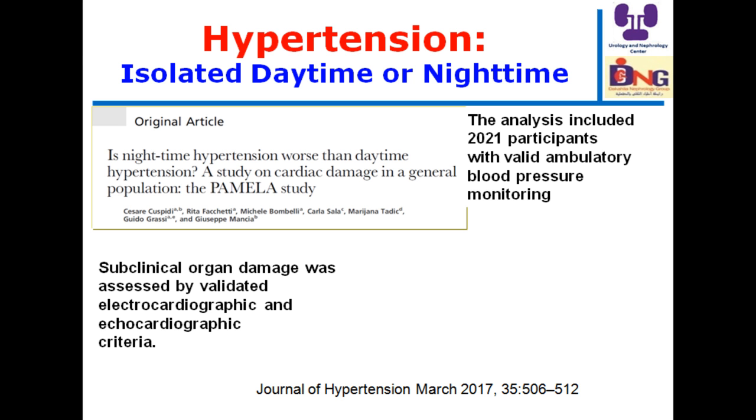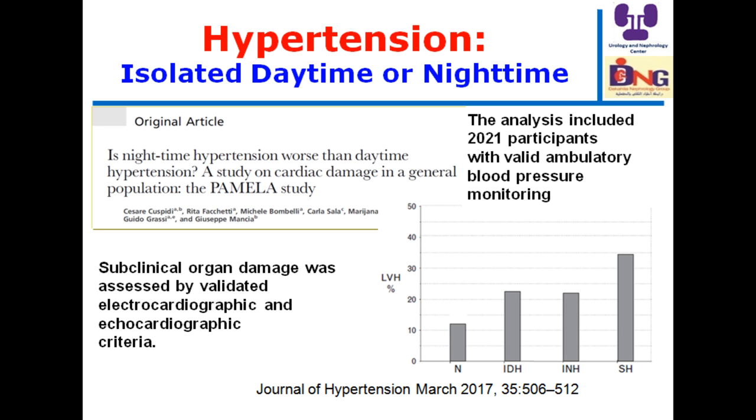Subclinical organ damage was assessed by validated ECG and echocardiographic criteria. And the results, as shown in this figure, if we look at the percentage of individuals who had left ventricular hypertrophy, you can find there is no difference between isolated day and isolated nocturnal hypertension, but the risk is higher than in normotensive persons, and sustained hypertension persons had the highest risk of left ventricular hypertrophy.